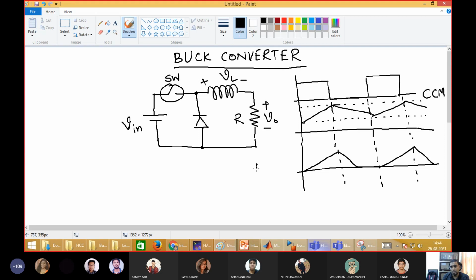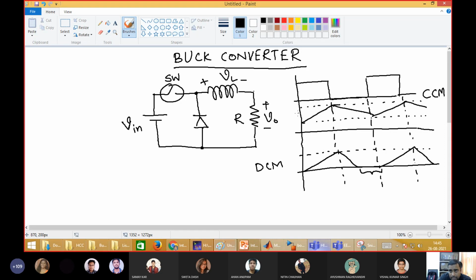This is DCM, discontinuous conduction mode, because the inductor current is zero during this period. And under steady state, this P will be equal to this P. So this is the difference between continuous conduction and discontinuous conduction.